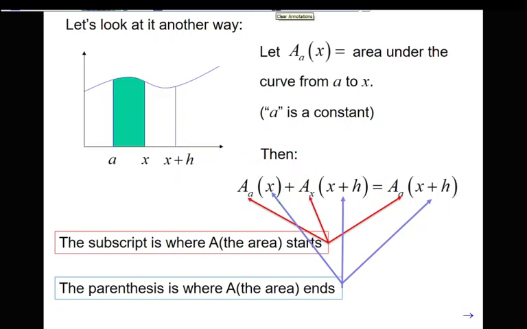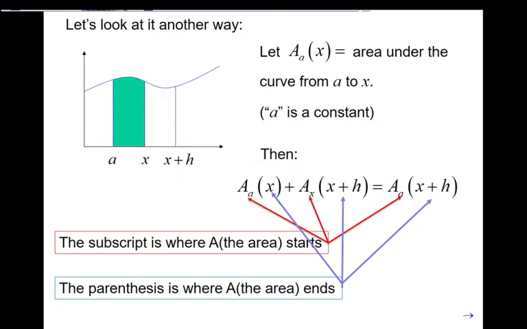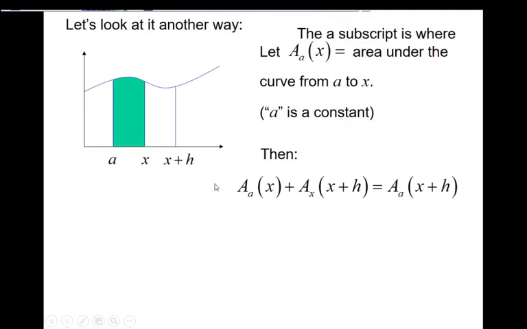So this is my area from a to x, this is my area from x to x plus h, so the total area from a to x plus h is that equation.